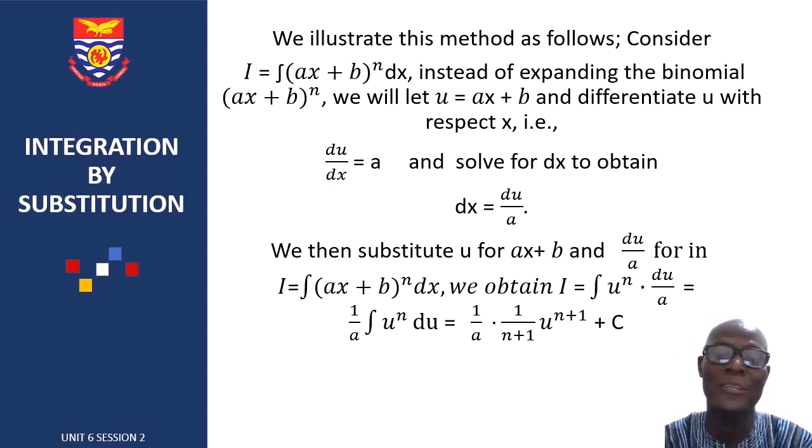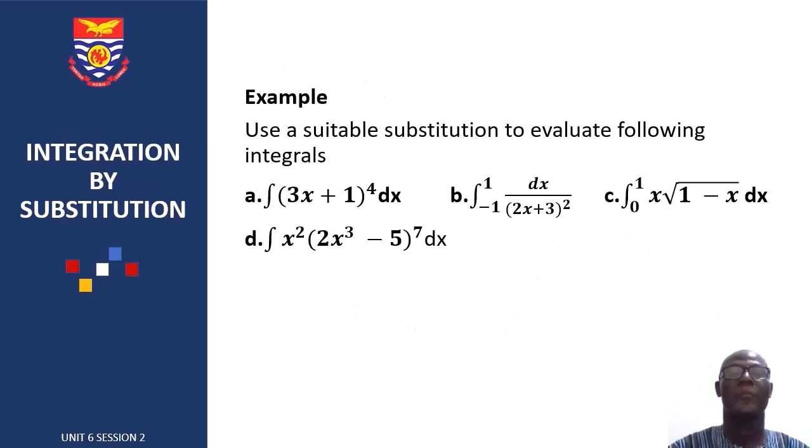Now we integrate u^n. Integrating u^n gives u^(n+1) divided by (n+1), then multiplying by 1 over a, plus c.